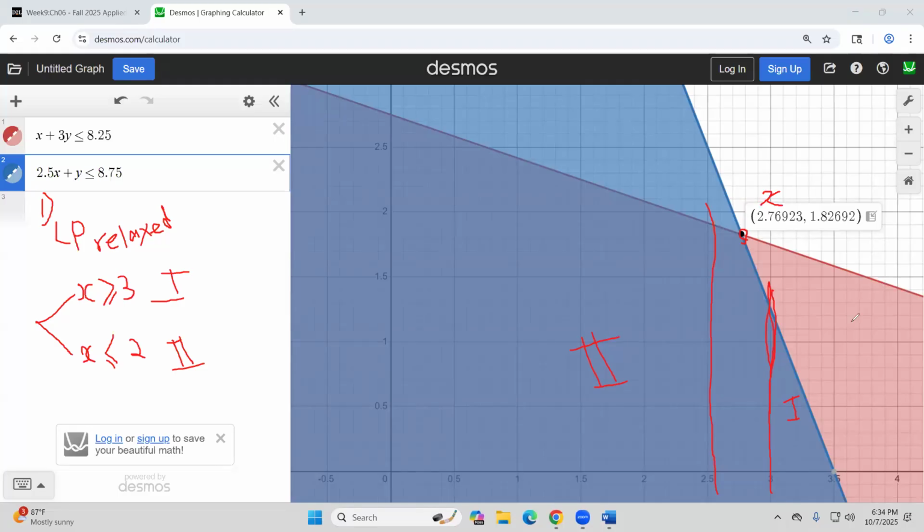One of them is X less than or equal to 2, one of them is greater than or equal to 3, right? So both 1 and 2 have the original constraints plus this extra constraint, right?